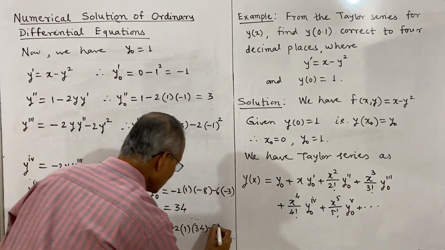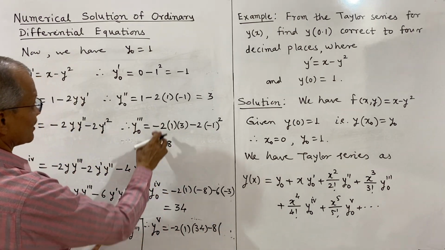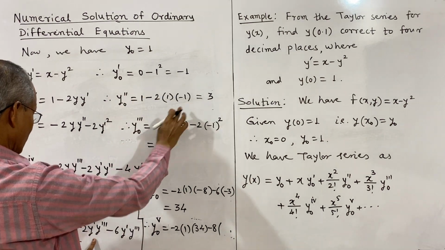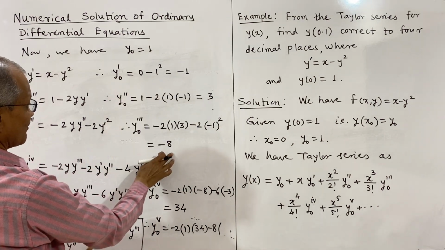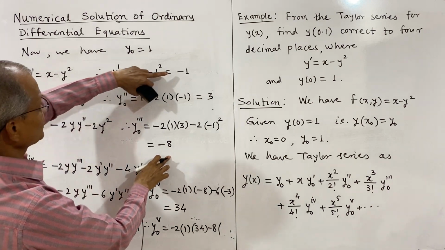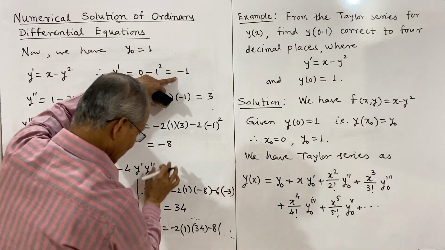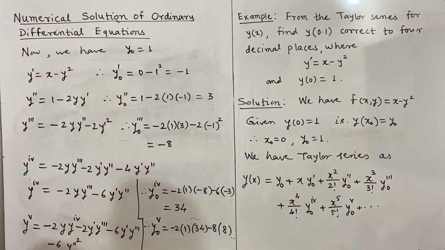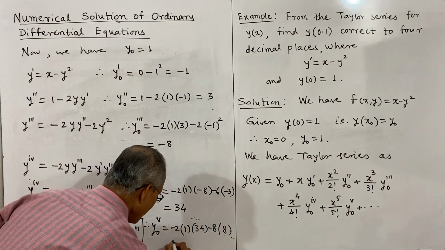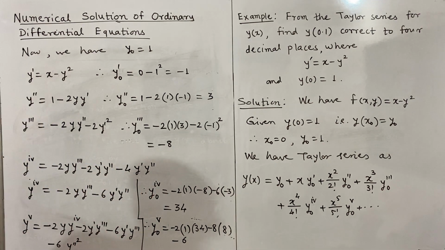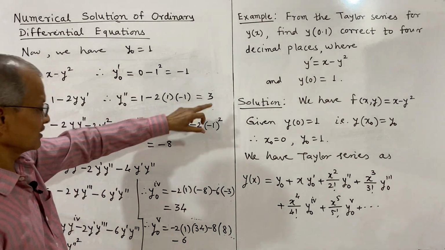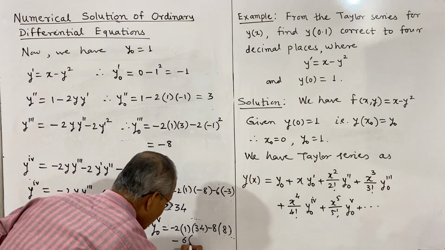So, minus 8 into, you see these two values product, y dash and y triple dash, that is y dash is minus 1 into minus 8, that is 8, and this is minus 6, and you see the square of y double dash is 3 square is 9.